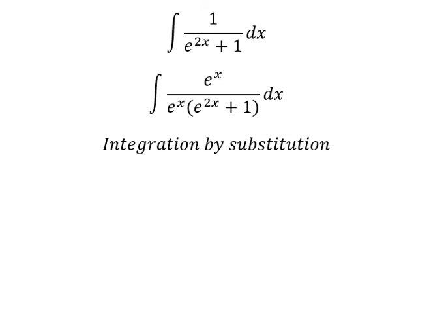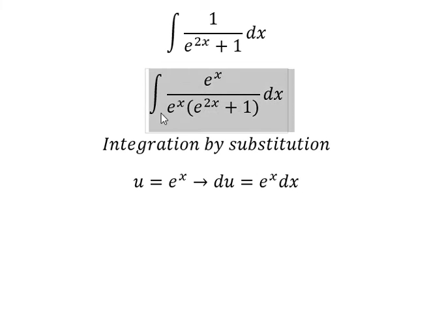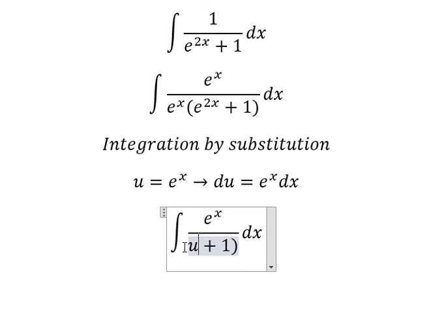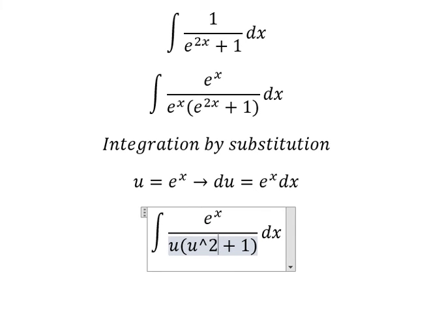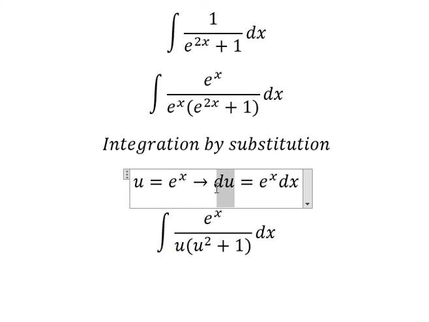So I will put u equals to e to the power of x. Later that, we do first derivative for both sides, and we have e to the power of x dx. This one we change by u square, and this one we change by u. E to the power of x dx we change by du.